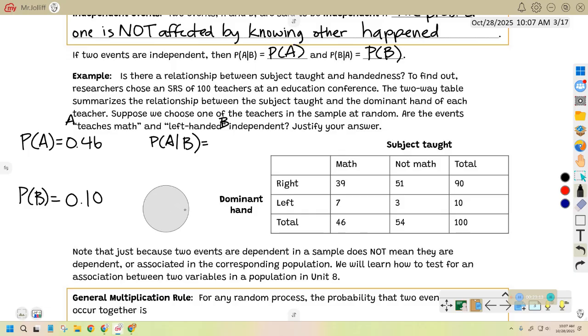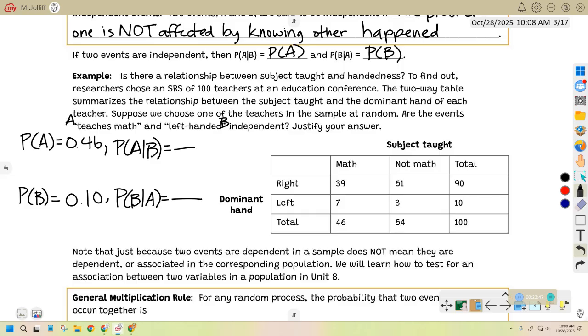And let me make some more space here. So now we do the conditionals. We're going to have to set up fractions for these before we get the decimals. So for P(A given B), I know that's P(both) over P(B), or the count for both over the count for B. So how many people both teach math and are left-handed?